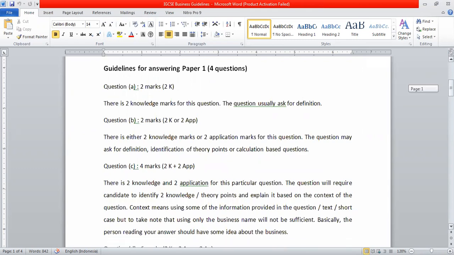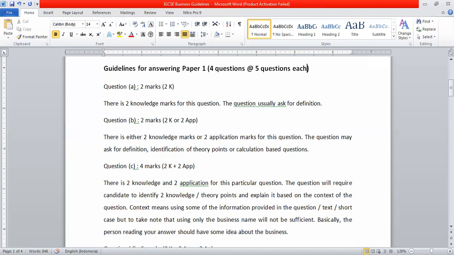So when we want to answer paper 1, we need to know first how many questions there are for paper 1. Total of 4 questions.